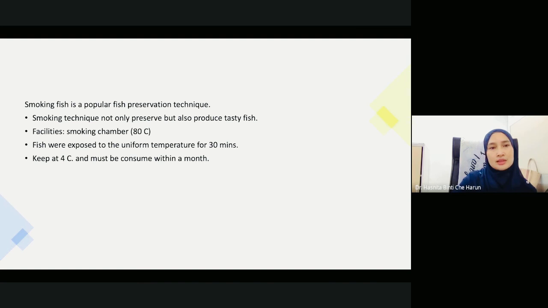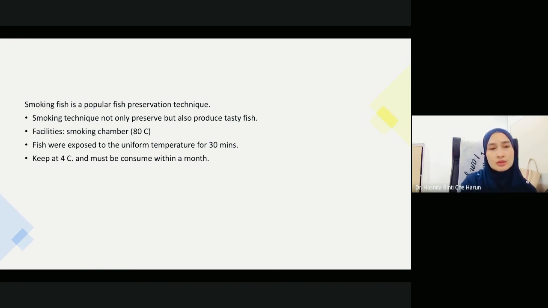Okay, this is the last technique used to preserve fish. You can apply the smoking technique. The advantage or extra point of this technique is that it not only can dry or preserve your fish, but it could also add value, as you could produce a tasty fish.